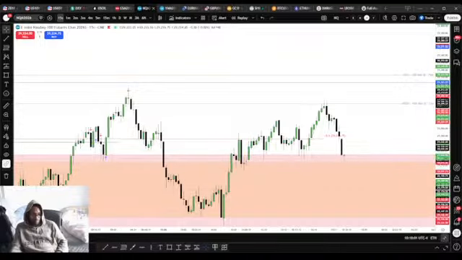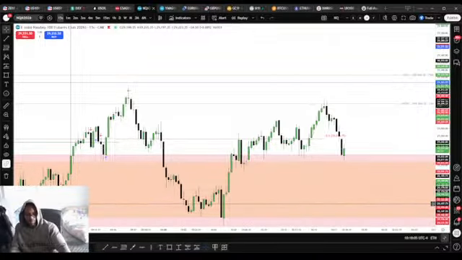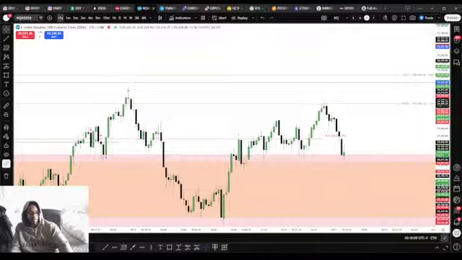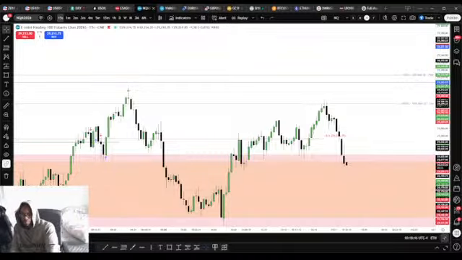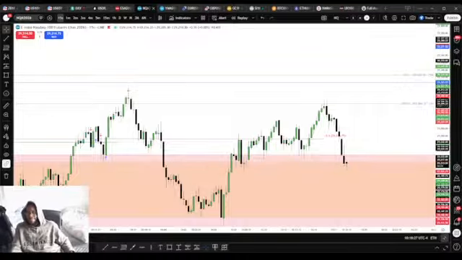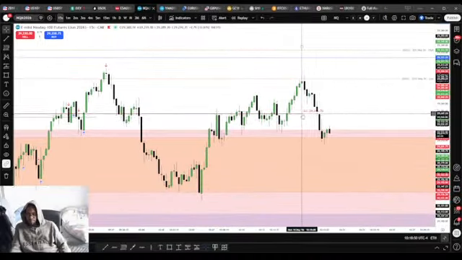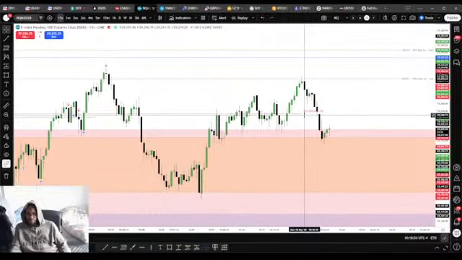Those lows taken. Bouncing around the regular trading hours midpoint.